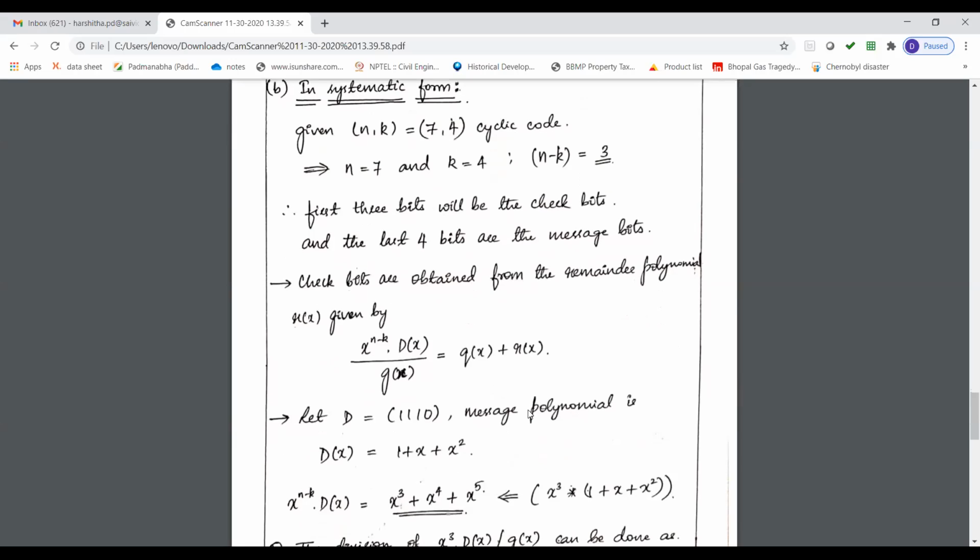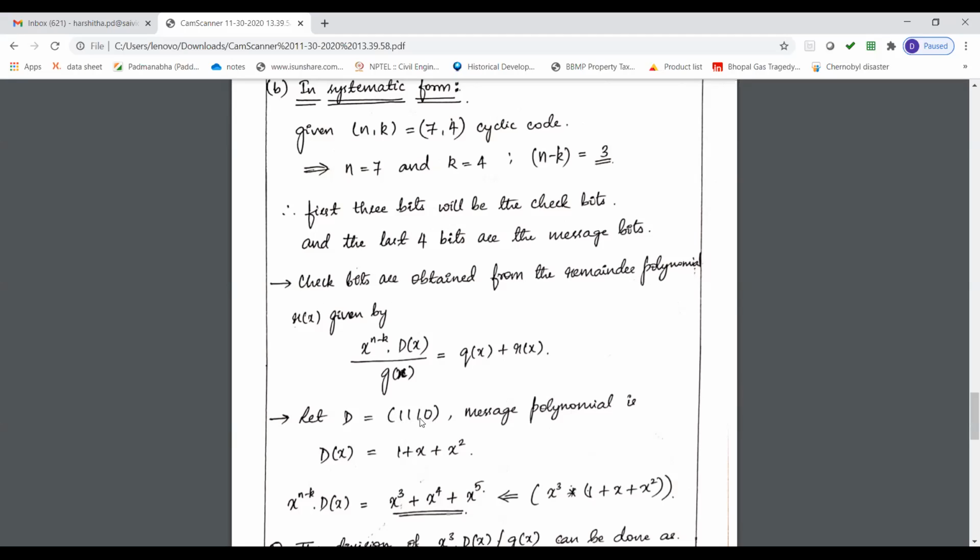Now for this we will consider the data or the message to be 1 1 1 0, and from this we can write message polynomial, that is d of x, as this is x to the power of 0, that is nothing but 1. Next I have x to the power of 1, so I'll write x.